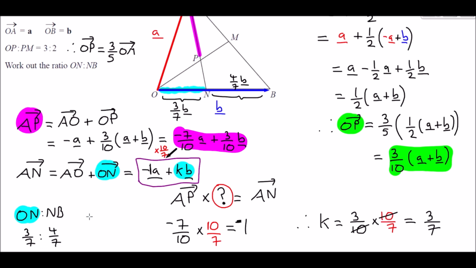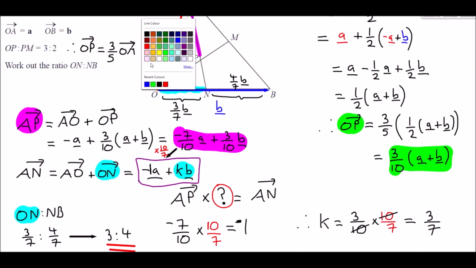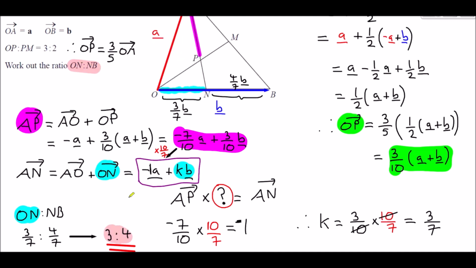So if I multiply both sides of this ratio by 7, I get that ON to NB must actually be 3/4. So that is a fairly horrendous, in my humble opinion, vector question. If you can understand all of that, I think you're doing rather well indeed. That isn't particularly straightforward by any stretch. ON to NB is 3/4.